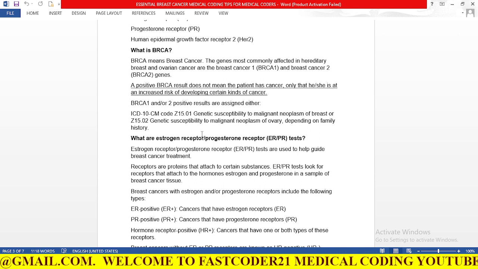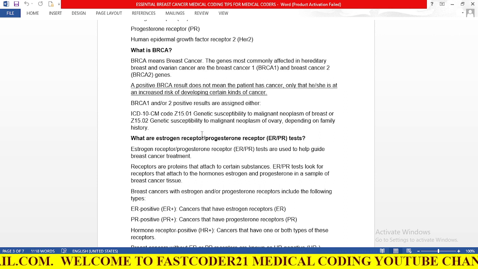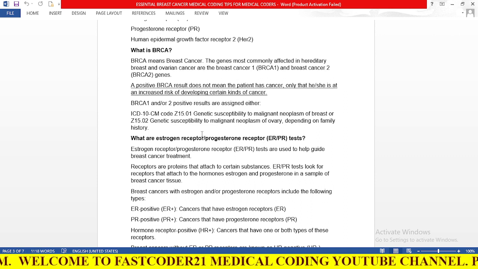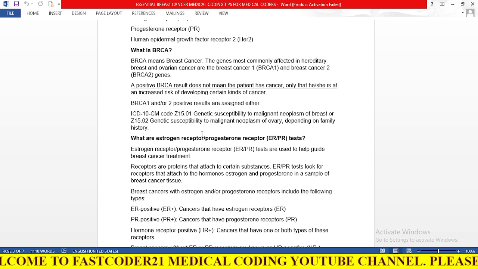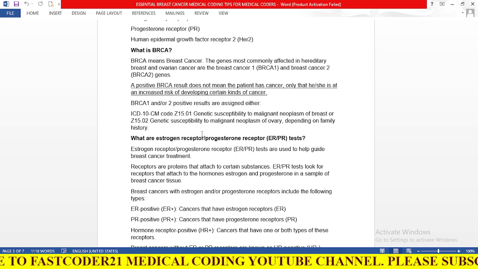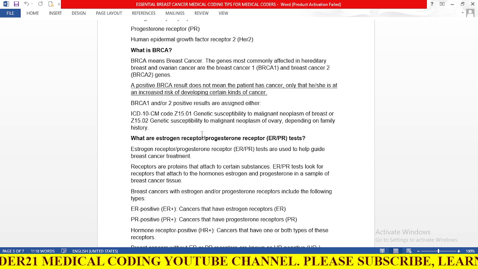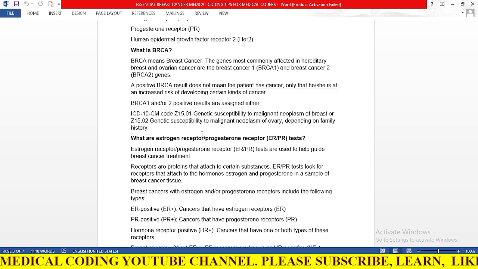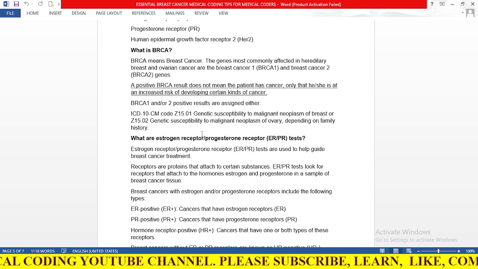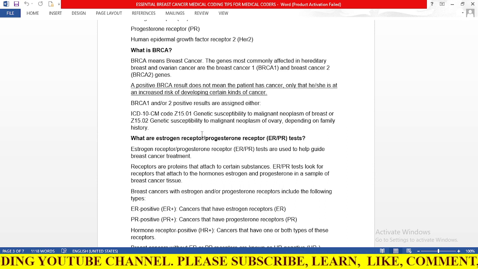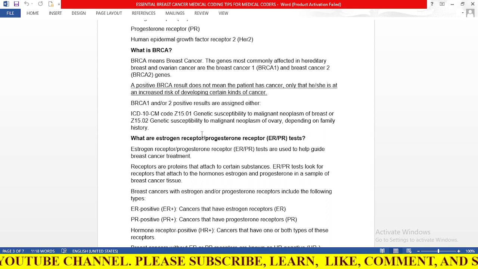So if we find BRCA in the documentation, we need to understand that the patient has an increased risk of developing certain kinds of cancer. We do not need to think that the patient has cancer. The physician has to mention in the documentation that the patient has cancer.